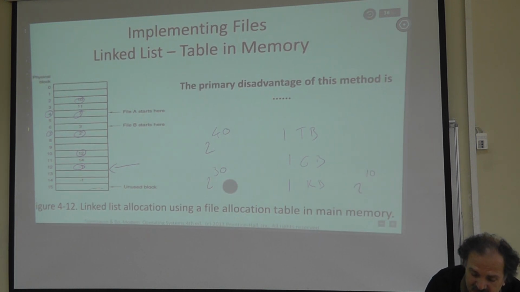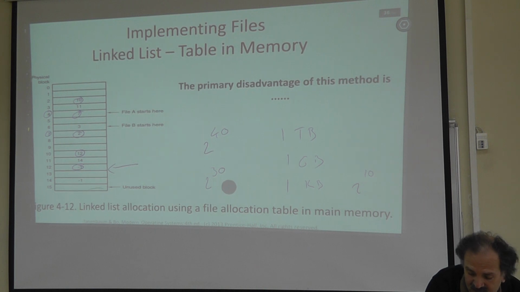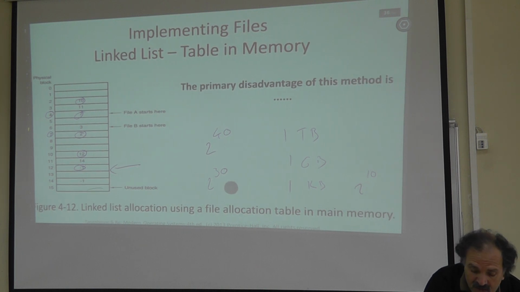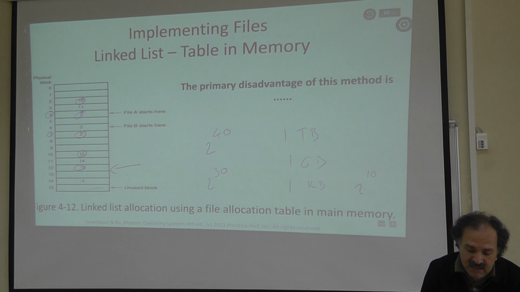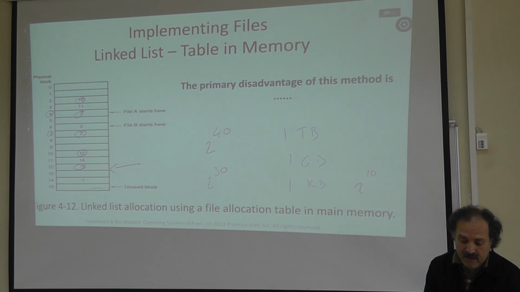So I need this many elements in my table. How much is this? This is 1 gigabyte, right? So I need to keep a table that is almost the same as my main memory size. Okay, if I want to keep this whole thing inside my memory, then I will have some problems.